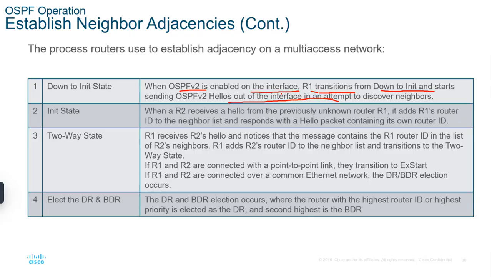Once that ID is not known or listed in the router's information, the router will capture it, and then compare the router IDs, the sending and the receiving.